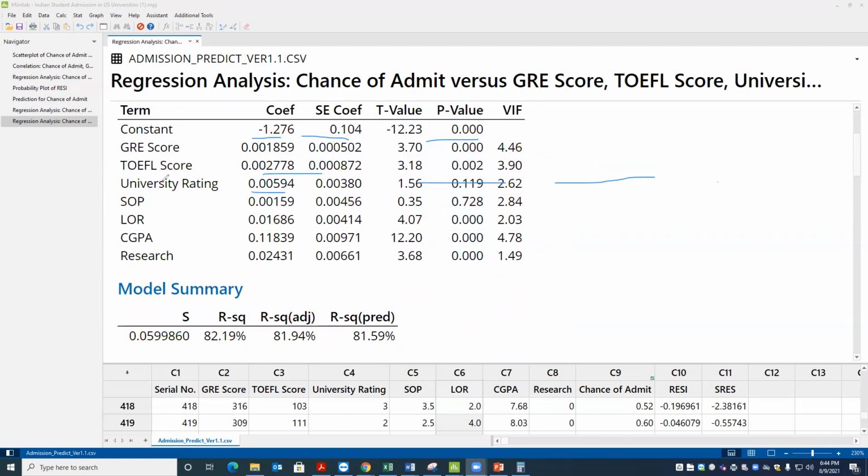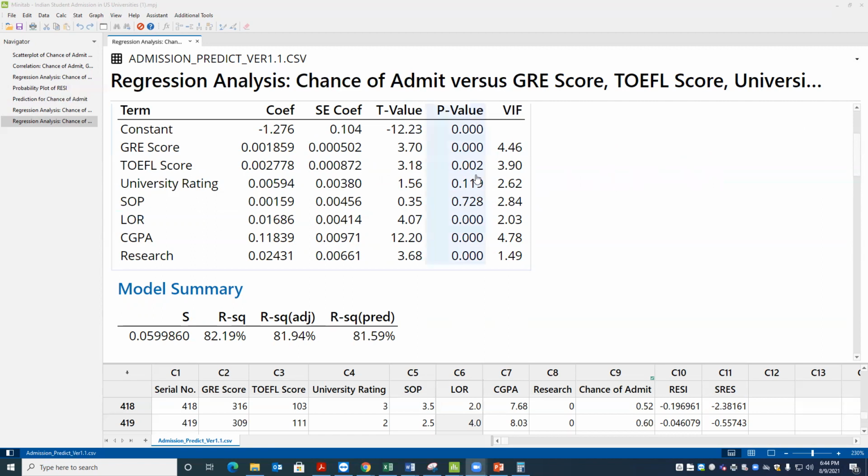Basically, if you look at the p-values, this p-value is more than this, and this p-value too, which means they are useless. These two items are university rating and, let's see how we can see that.